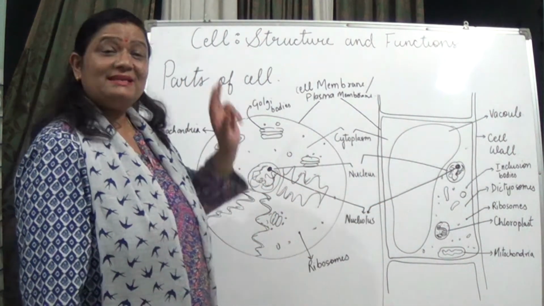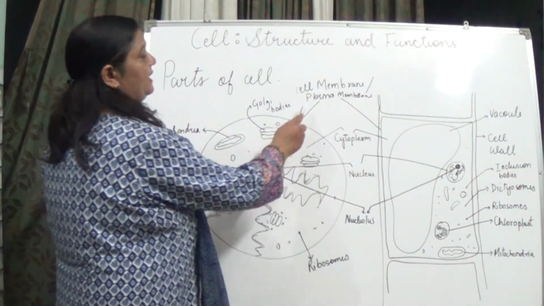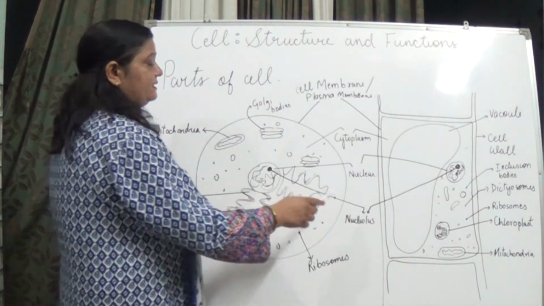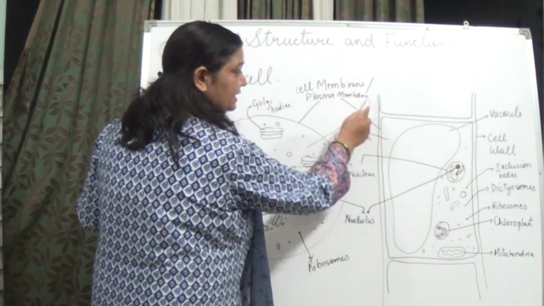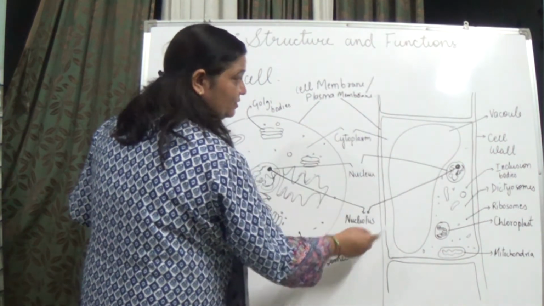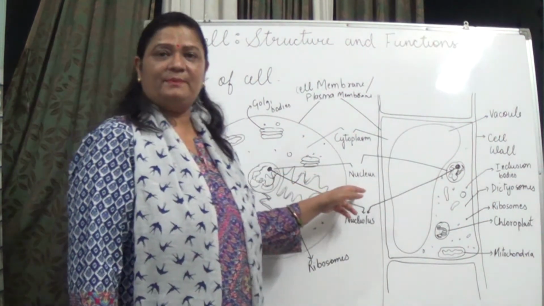Now, the basic difference I told you is that in the animal cell we have seen a plasma membrane, a single membrane, but in the plant cell, what do we see? It consists of a double layer. The outermost layer, the cell wall, is present in the plant cell.